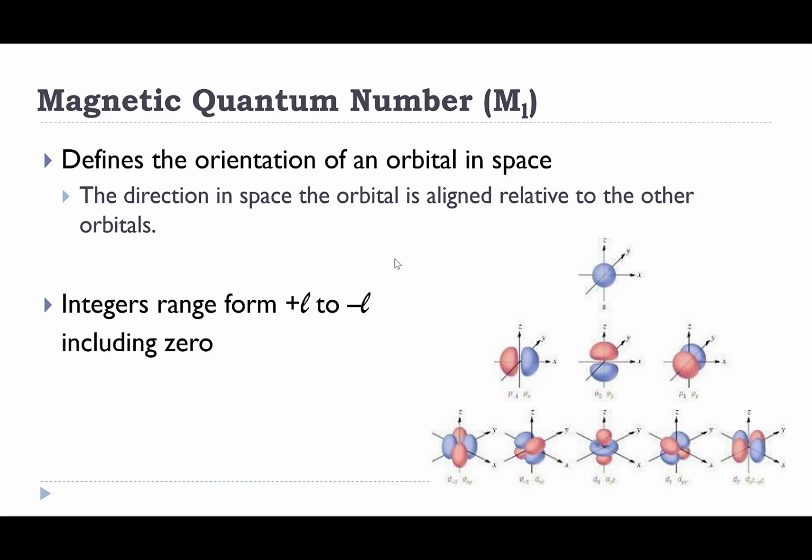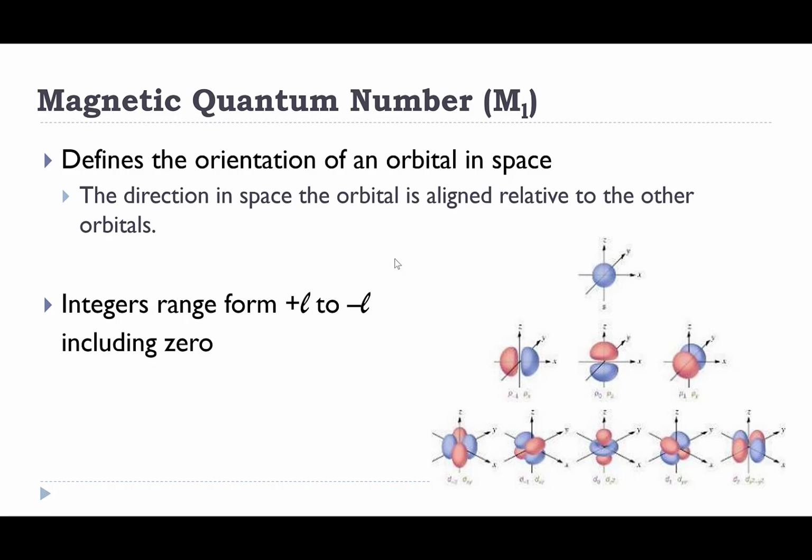D, there were 5 different ways. So the 4 lobes and then the donut one. So this is going to be that orientation in space. How many different ways can we make this 3-dimensional picture in space? Since there are multiple ways to depict these in space, we're going to have multiple options for the value.